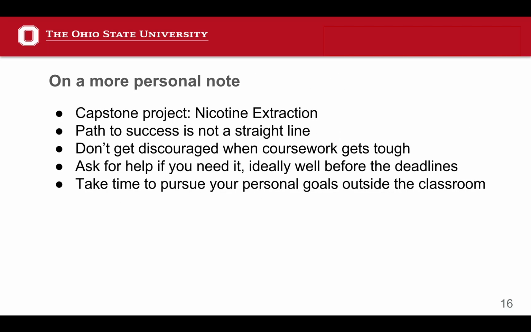On a more personal note, and to tie this in with my student experience, I just completed my capstone project for the major as part of a 4-person group, and we focused on designing a nicotine extraction process from start to finish. And unsurprisingly, that involved doing a lot of unit conversion for mass flow rates and estimations for equipment sizing, kind of similar to the practice problem for the blower I showed earlier, but a bit more complex.